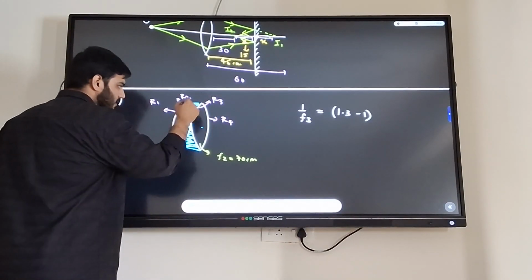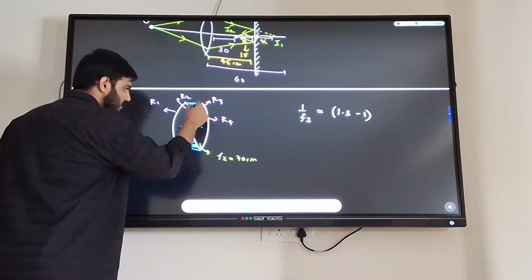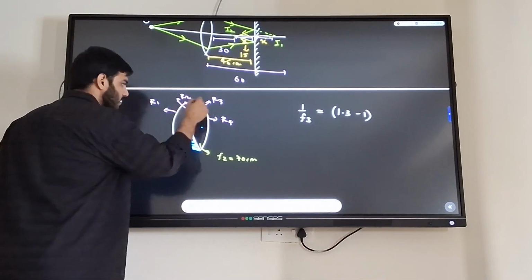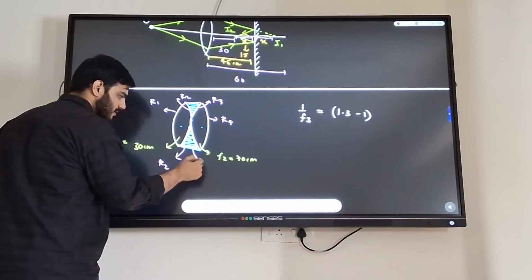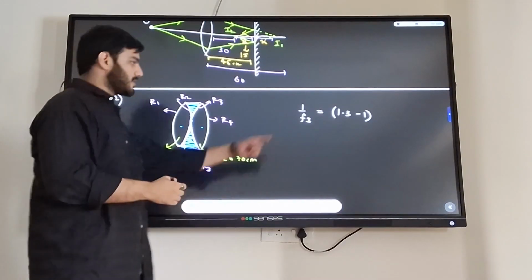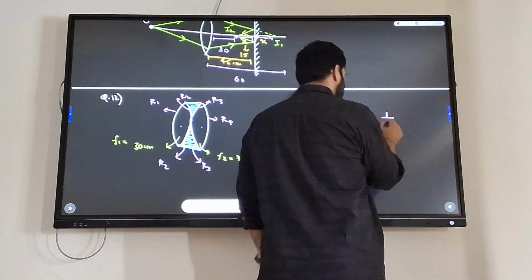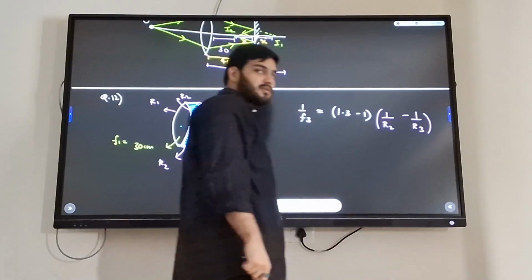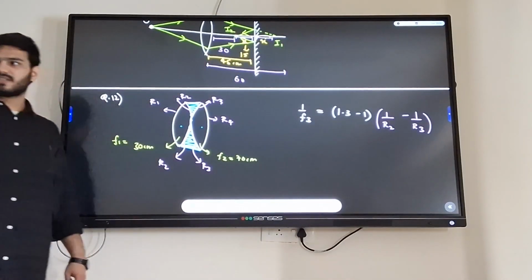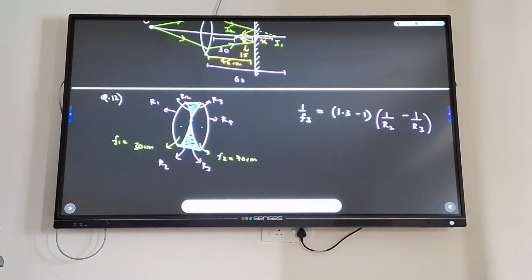What will be the radius of curvature here? R2. And here? R3. So what should my formula be then? 1 by R2 minus 1 by R3. But I don't think this R2 and R3 are mentioned in the question. They are not mentioned. I have to find those R2 and R3.